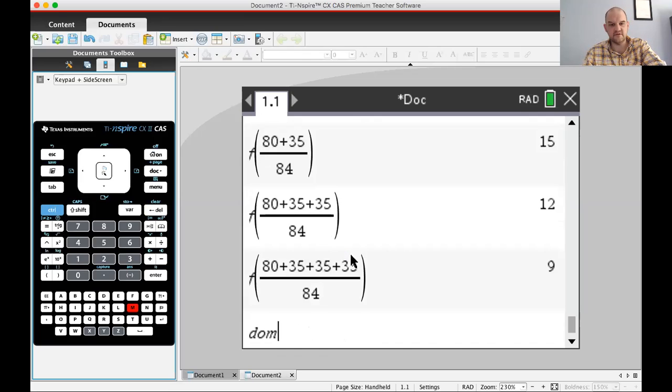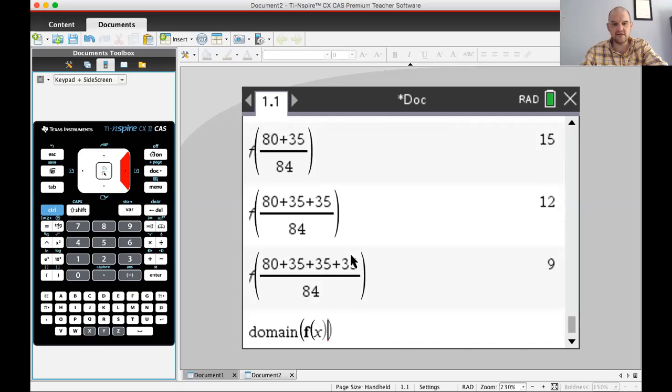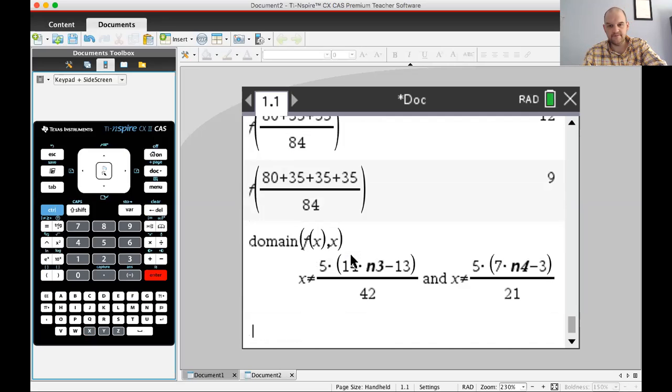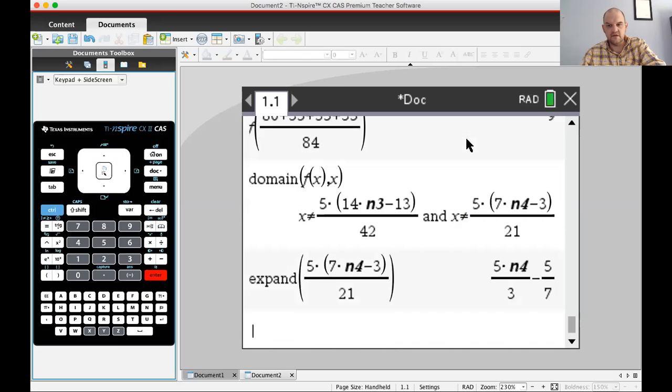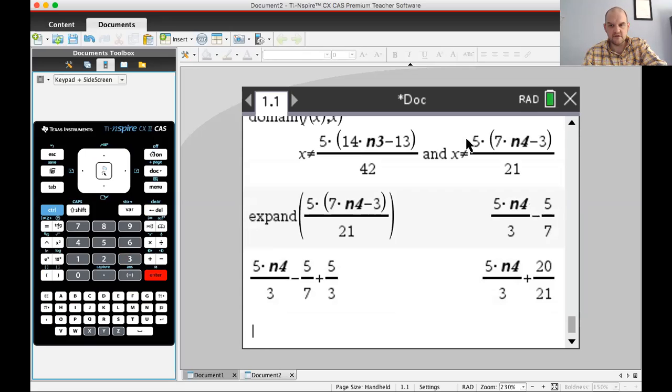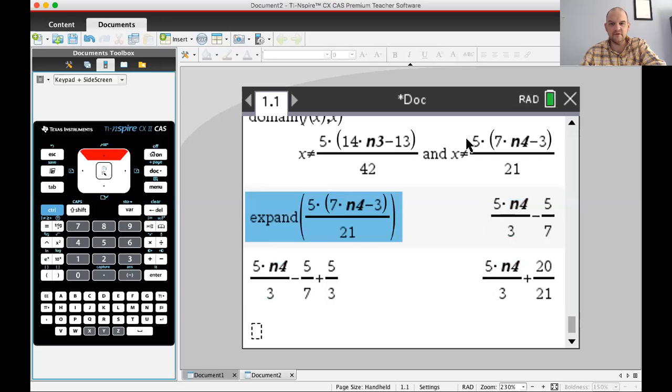Nice. And if I ask for the domain of f of x, where x is the variable, so what is happening here? Let me expand this. I get that. Let me add 5/3. So 20 over 21, that's the one that we got. What is this other one?